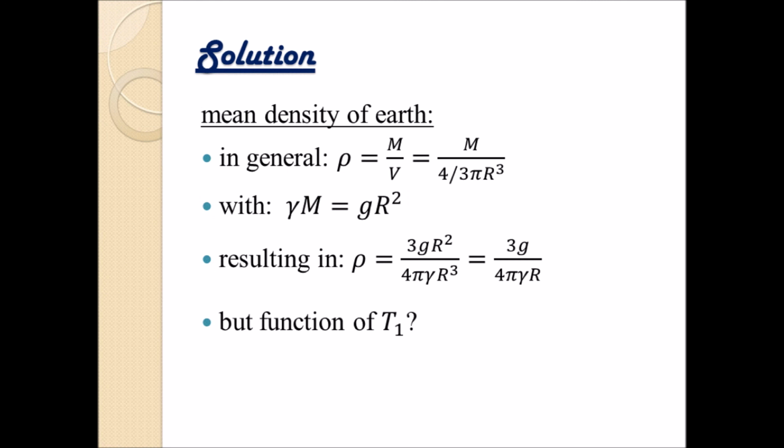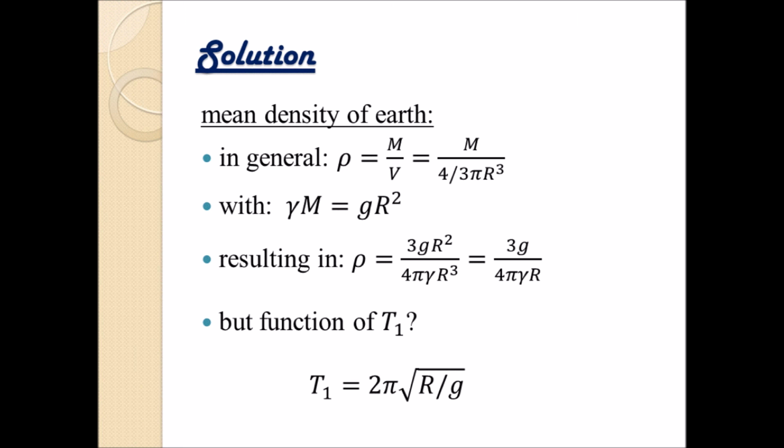Just as a reminder, what does T1 look like? Well, T1 equals 2 pi multiplied with the square root of r over g. Wait, if we're looking up here for rho, we see that rho contains g over r and T1 contains r over g. So let's divide T1, the whole equation of T1, by 2 pi and then square it.